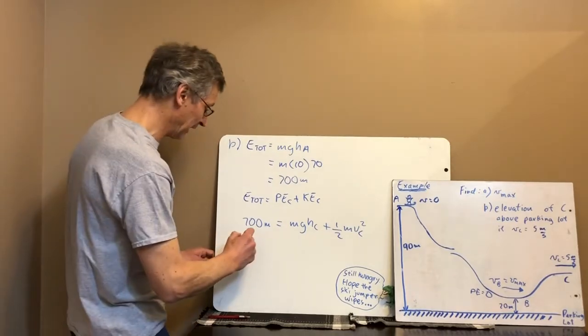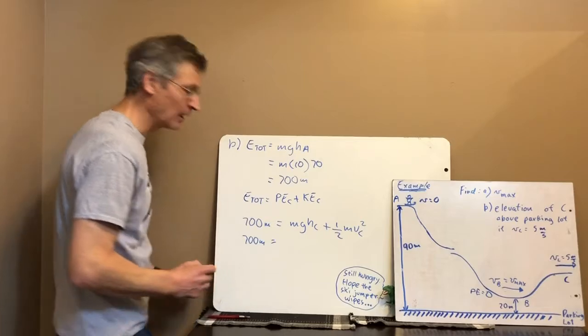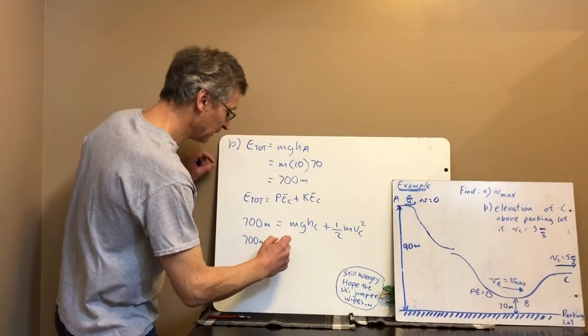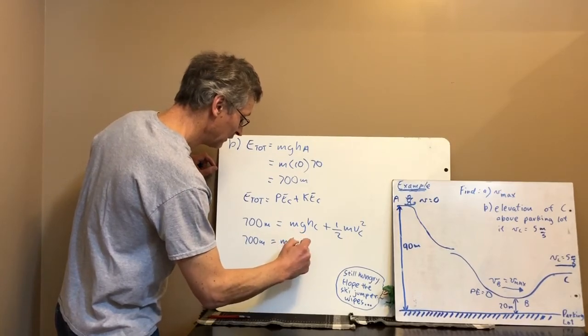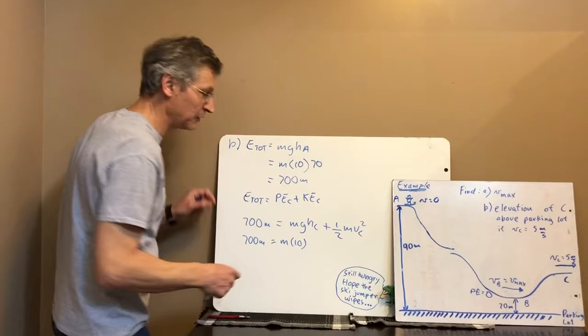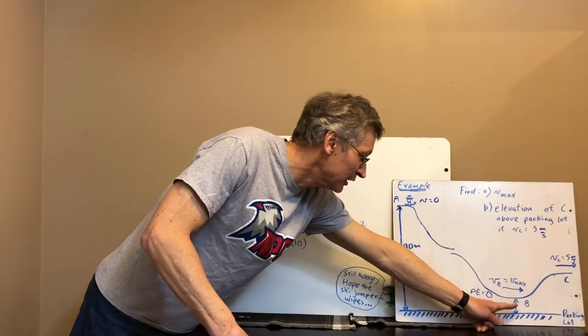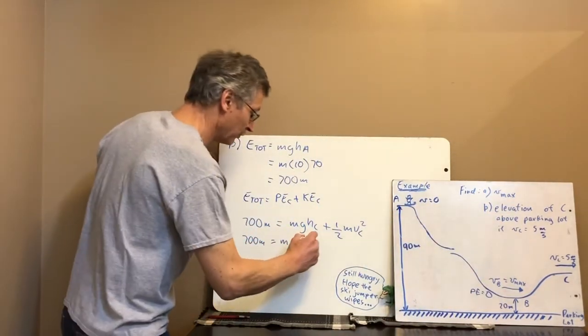So let's see what we have for an equation now. We got 700m, and over here we have the mass times 10 times the height of C, and remember, you want the height of C above the parking lot. Oh, and that's what we're trying to figure out, right? The elevation of C.